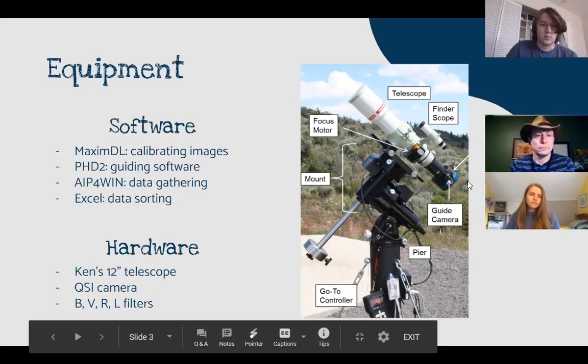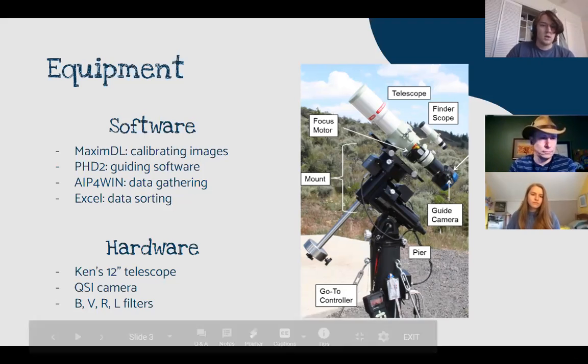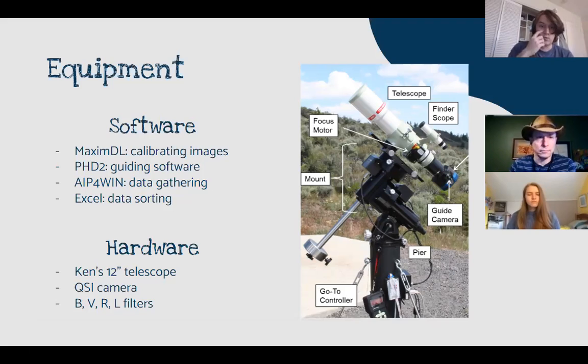For the software, Maxim DL was for calibrating images. We have PHD2 guiding software. AIP4WIN helped a lot in finding the distance modulus, which I will talk about later. We used a lot of data sorting, so for that, we used Excel. Some of the hardware that we used was Ken's 12-inch telescope, his QSI camera, and a bunch of filters that I will talk about a little bit later.